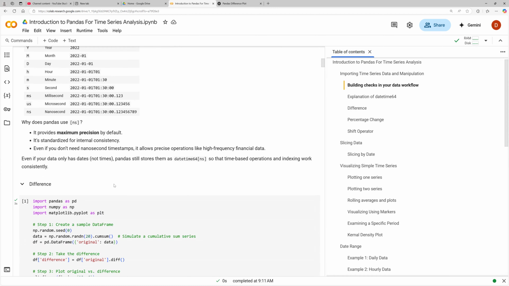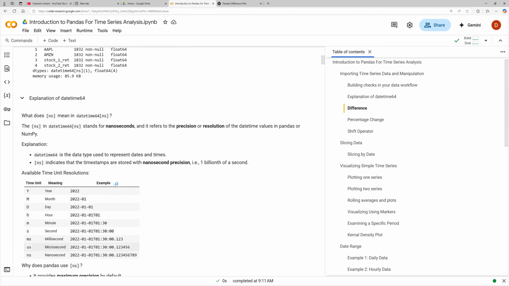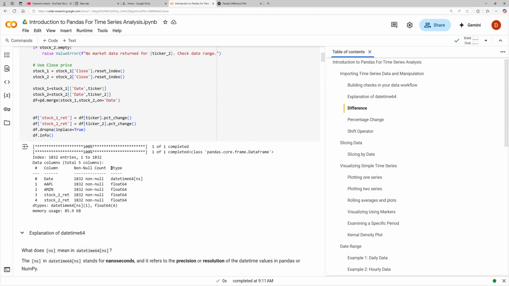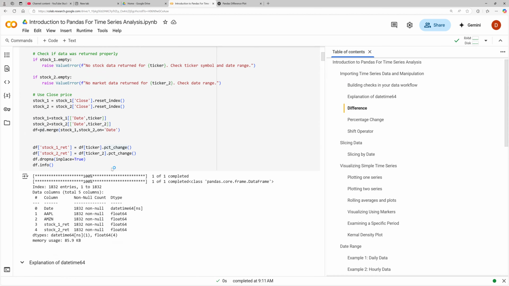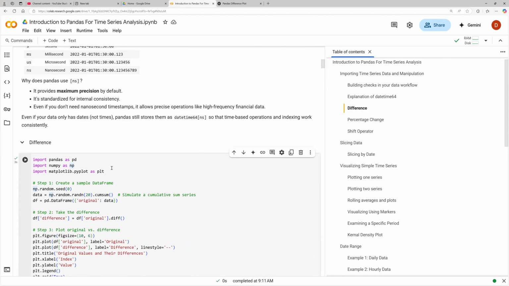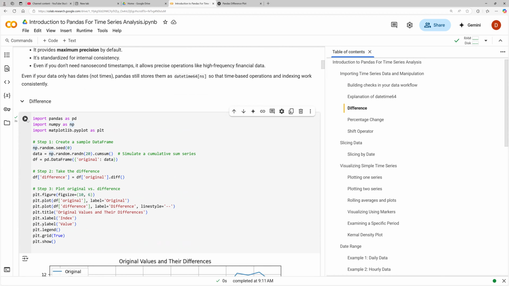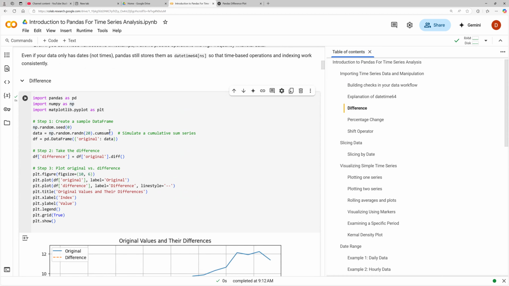Now, taking percentage change is actually pretty obvious because we want to know the return on the stock. Intuitively speaking, that's pretty obvious. But then there's also something called taking a difference. When we take a difference, we're basically normalizing the data, making it something called stationary.